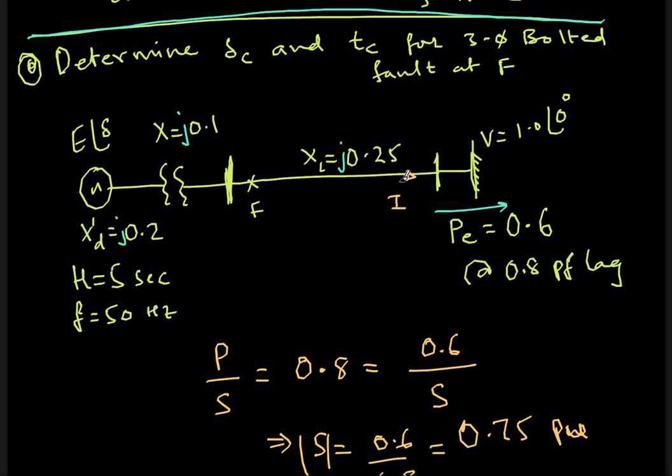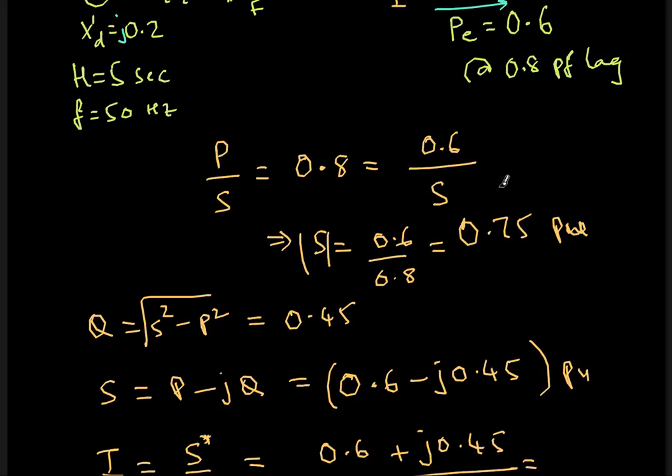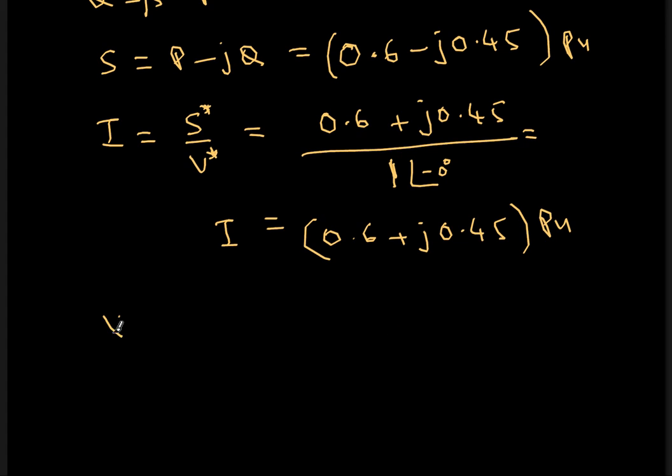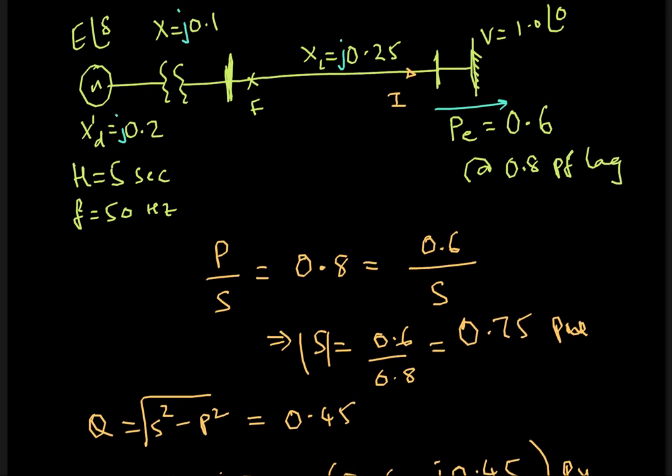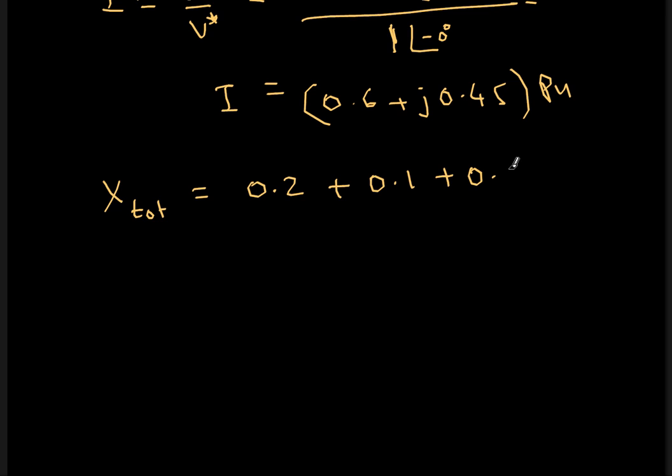Once I have the current in the transmission line, I can add all the voltage drops. Here 0.2 is the impedance, 0.1 is the impedance, and 0.25 is the impedance. So the total reactance of the line is 0.2 for the machine, 0.1 for the transformer and 0.25 for the line.